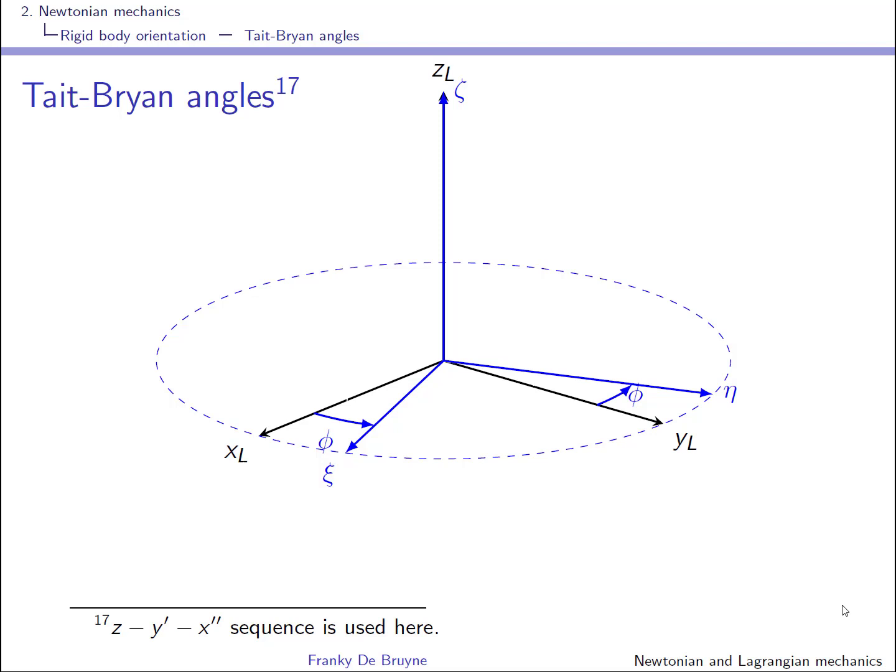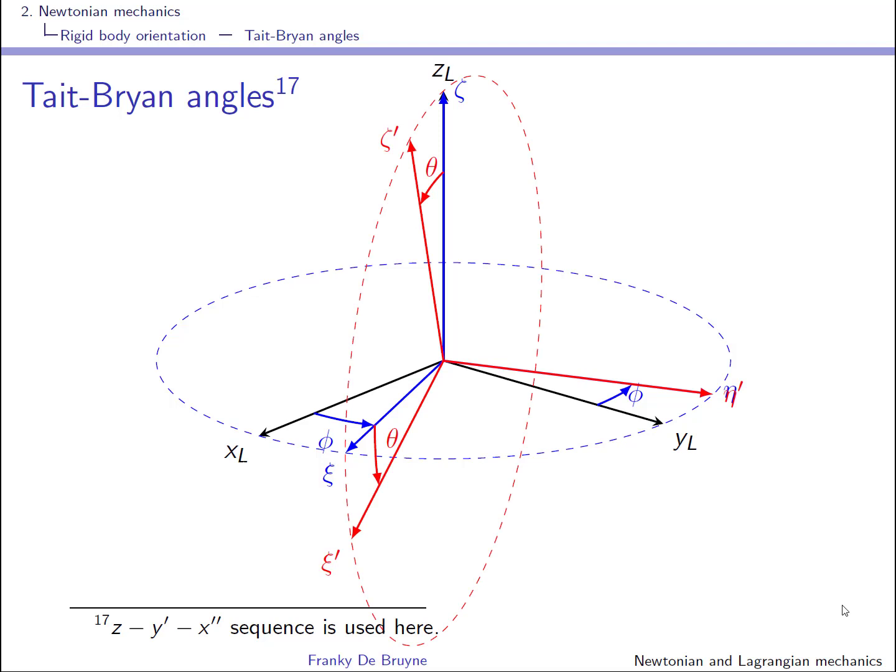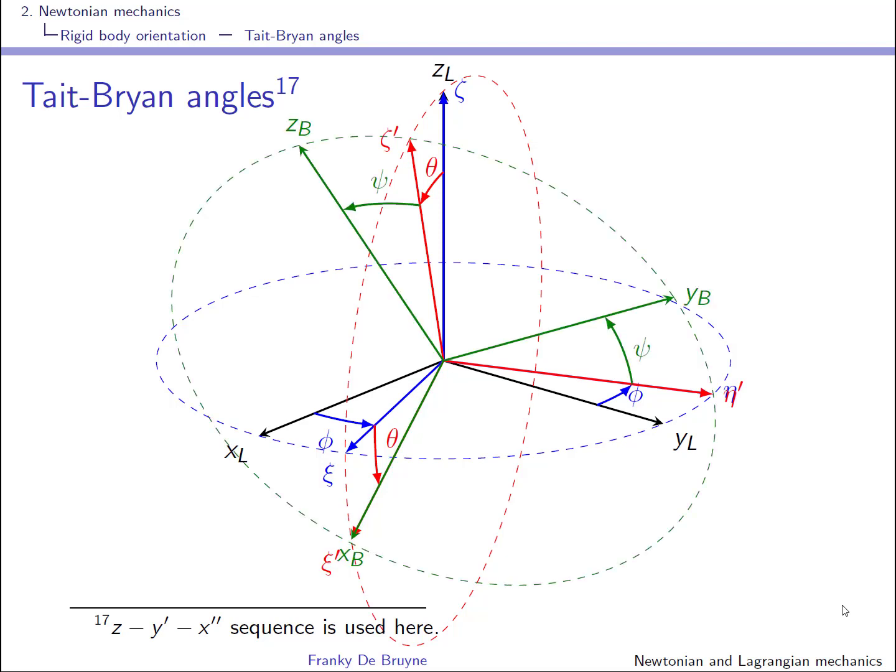Then you turn around the new y-axis. This is what is called pitch. Theta is the pitch variable. And then you turn around the new x-axis, and this is the roll variable psi. Okay.